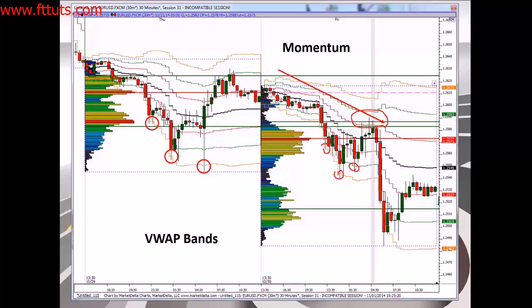We continue to have lower lows, and when price takes out the low of this period and closes below my volume point of control, I am comfortable taking a short anywhere here.